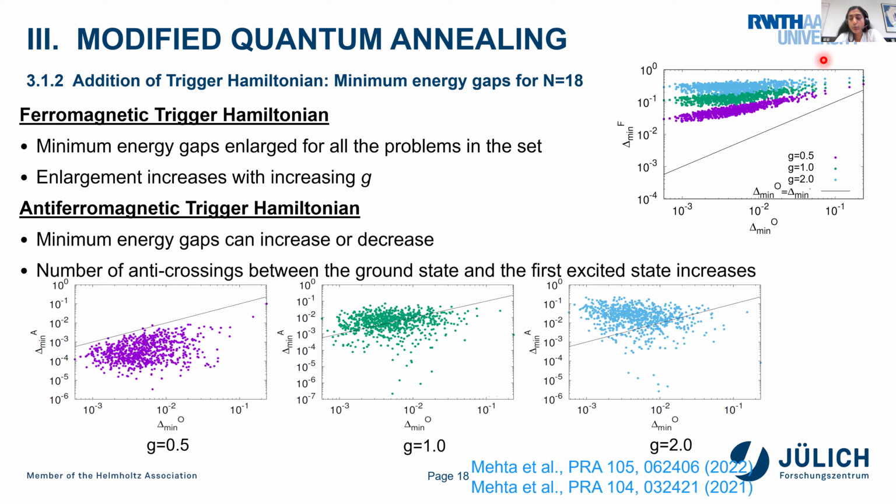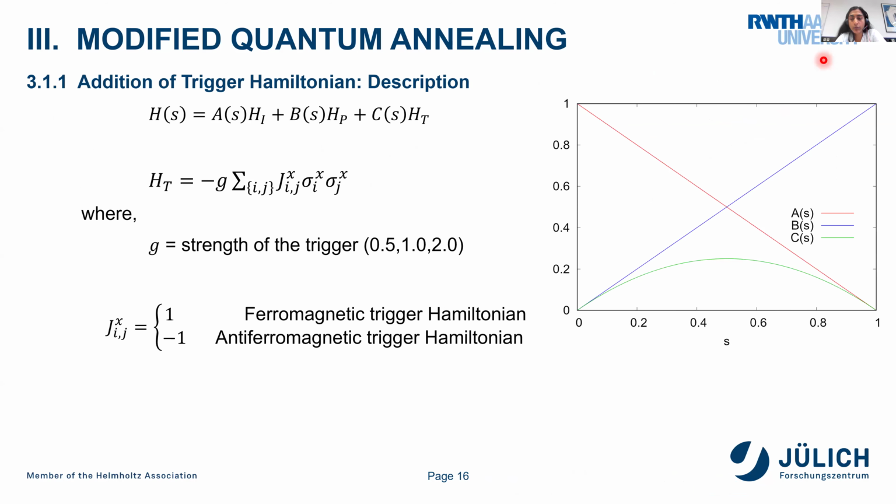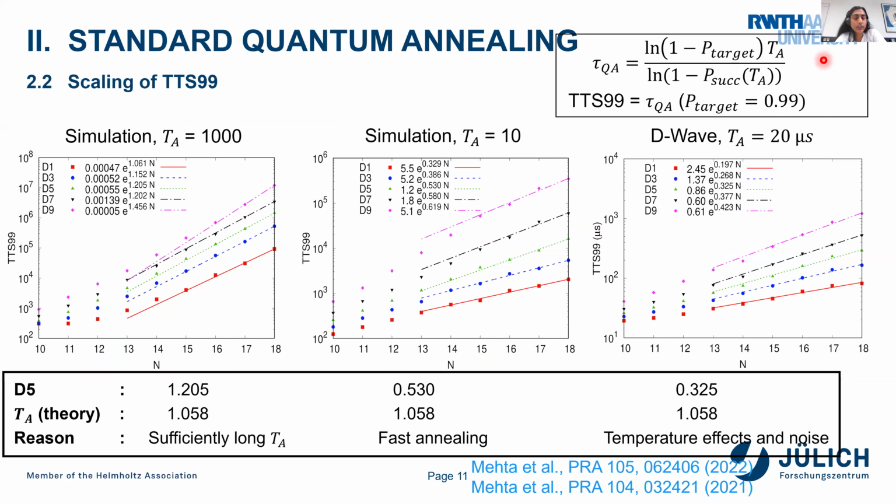So the scaling improvement is, I mean, you do not get really a scaling advantage. So the scaling behavior still stays the same. So you still have an exponentially increasing TTS99. So for example, for the standard quantum annealing, where you had the scaling exponent for the ideal quantum annealing case to be somewhere around 1.205.